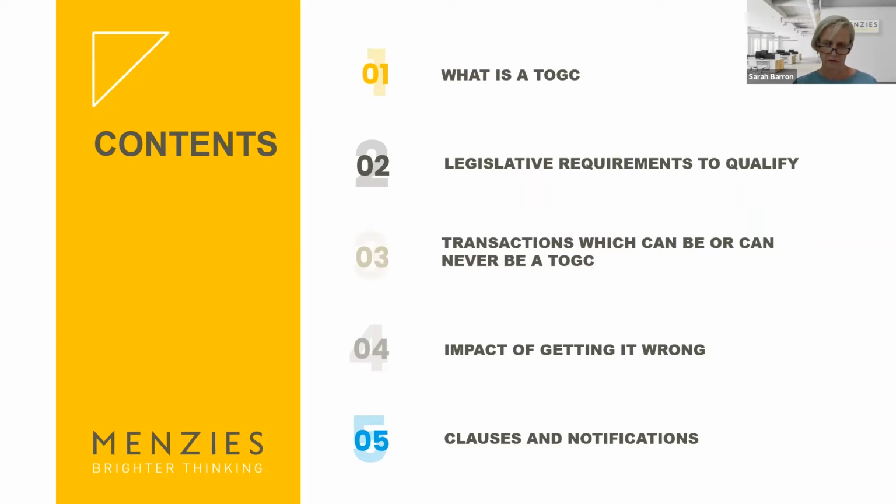We'll look at the impact if it's wrong, and that will lead us on to some of the protections that can go into our contracts to make sure that things can be unwound and corrected if anything does go wrong.